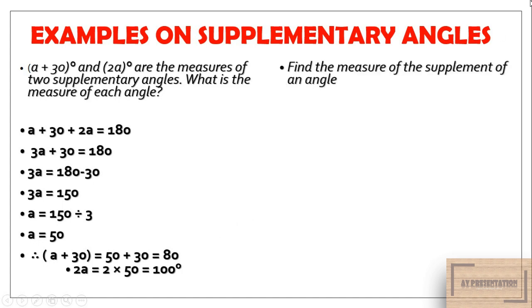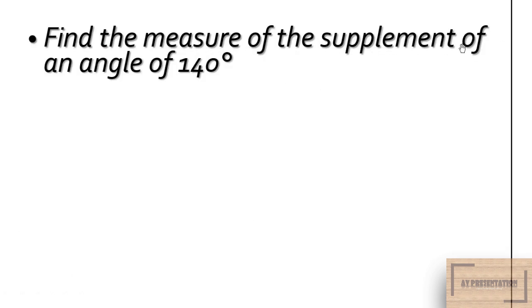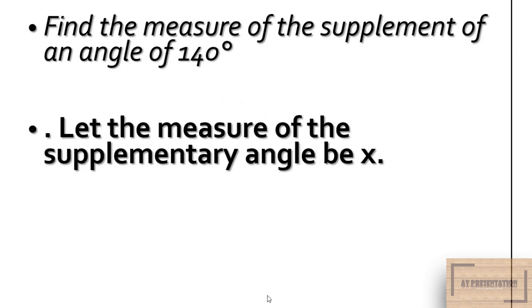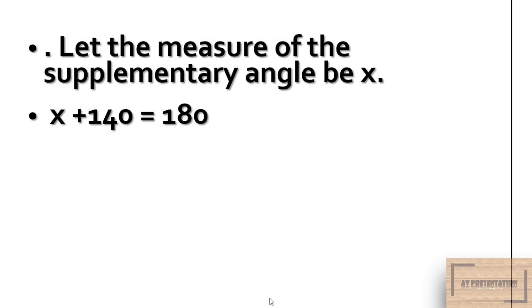Next example: find the measure of the supplement of an angle of 140 degrees. Here one angle measure is given, that is 140 degrees. Now we find the second angle measure. Let the measure of the supplementary angle be x. So x plus 140 is equal to 180.